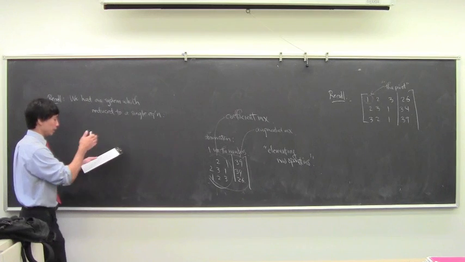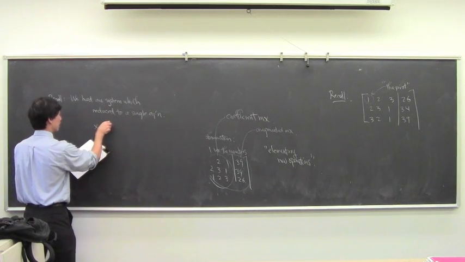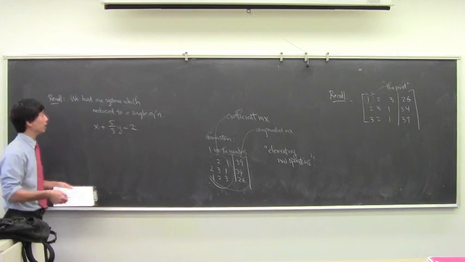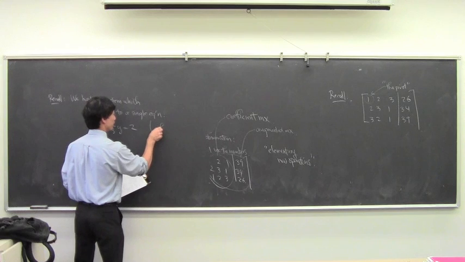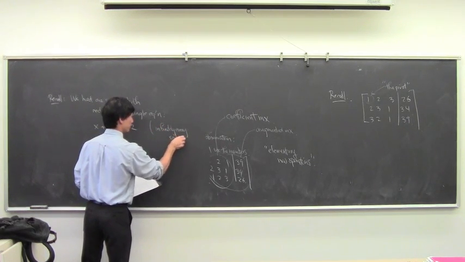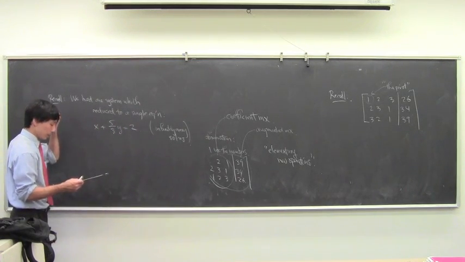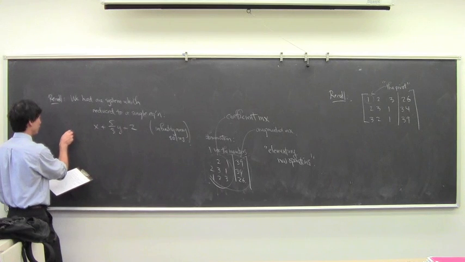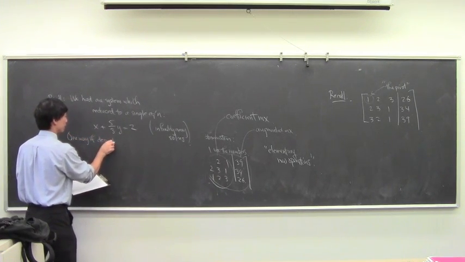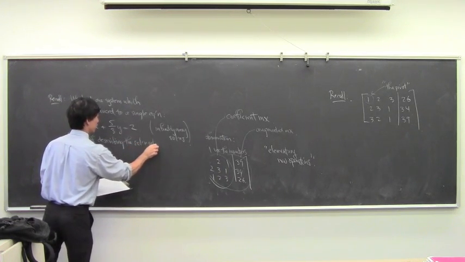So there were two lines that just overlapped each other. It reduced to, I think, x plus 5/3 y equals 2, right? And it had infinitely many solutions. So one way of describing the solution set is to do this.